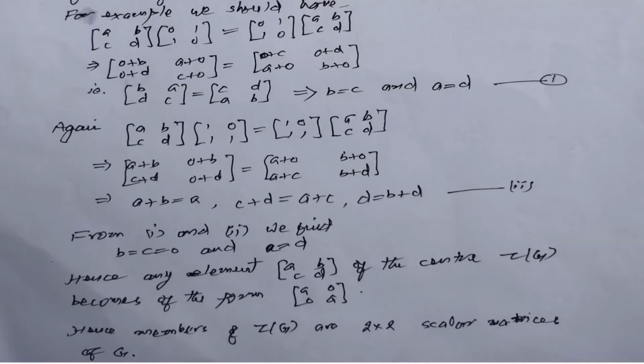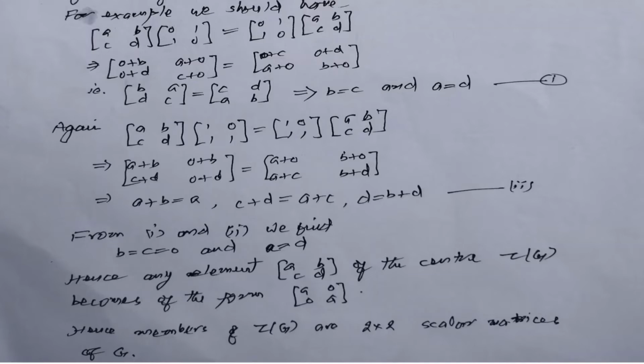By the equality of matrices, these imply A plus B equals A, C plus D equals A plus C, and D equals B plus D.